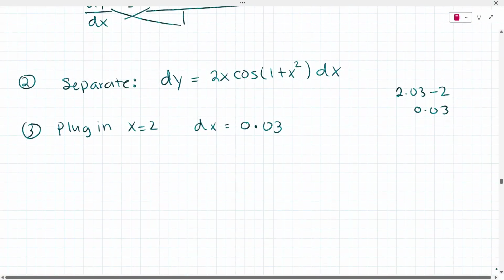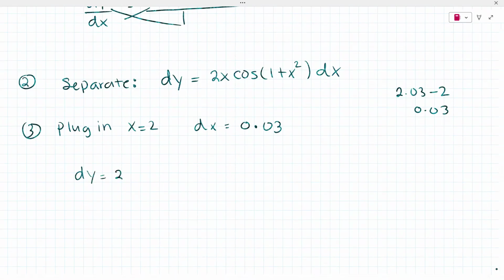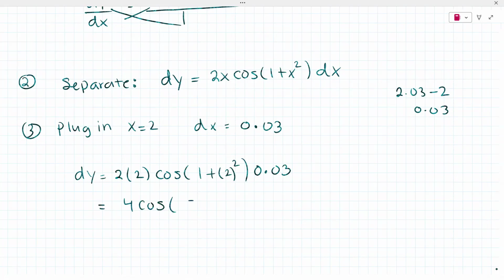Okay, so dy equals 2, replacing x with 2, times cosine of 1 plus 2 squared, and then my dx is 0.03. 2 times 2 is 4, cosine of, and then 2 squared is 4 plus 1 is 5.